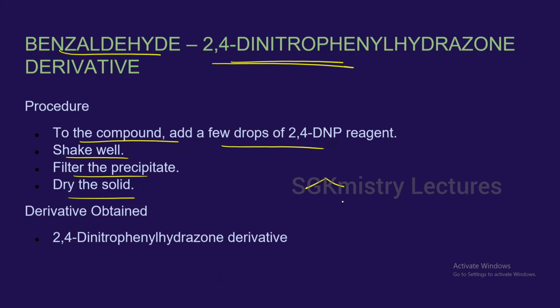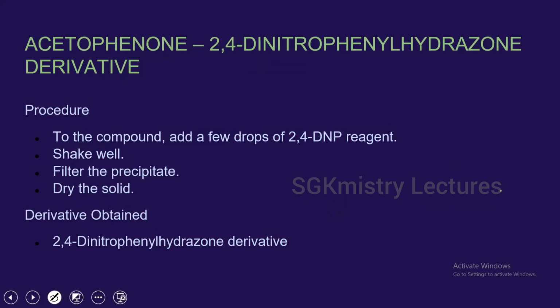Let us see how we are going to write the derivative for benzaldehyde. So we have here N, here NH. Here 2,4-dinitrophenyl, right? So we have in the second position a nitro group, and again in the fourth position. So 2 here, 3, 4. So NO2, right? This is with respect to benzaldehyde.